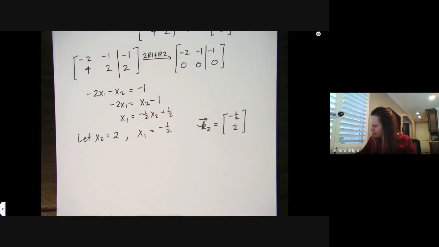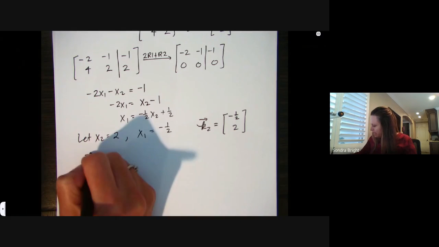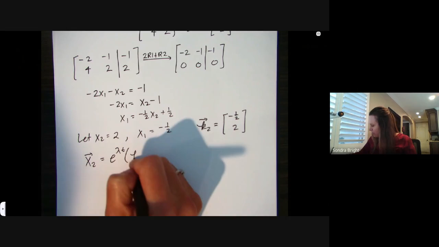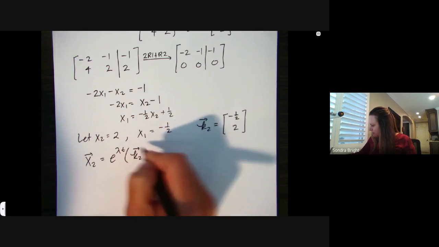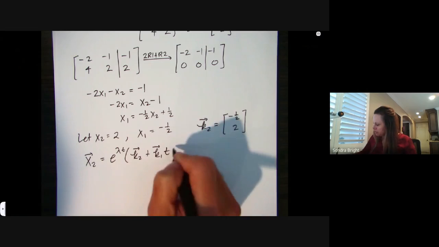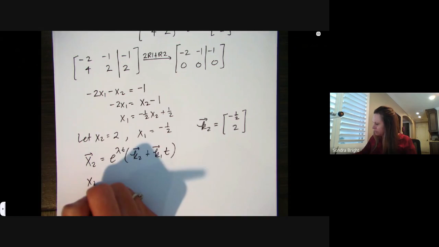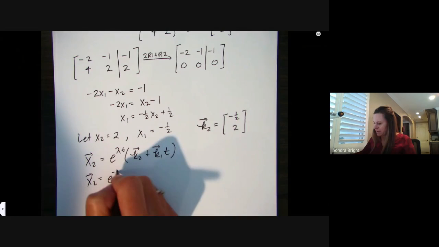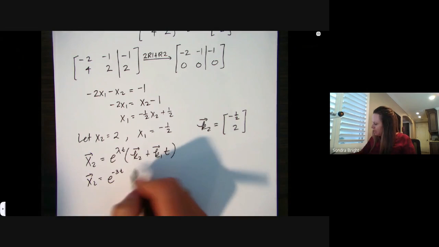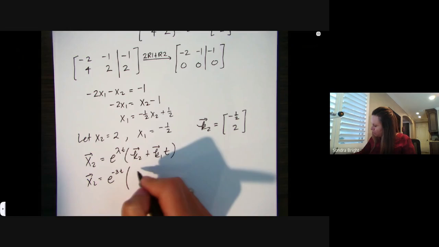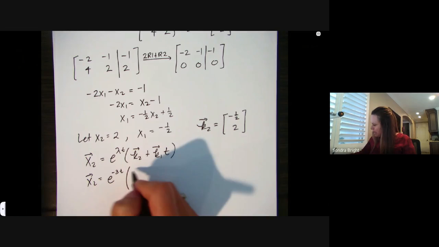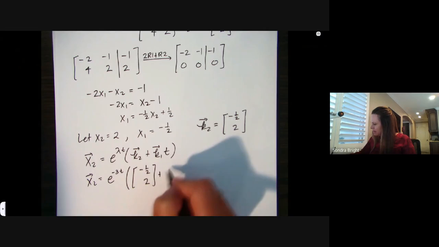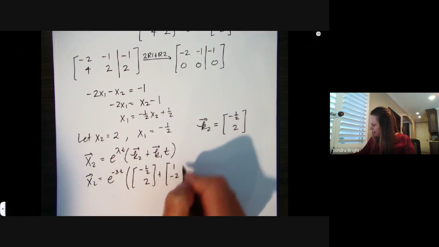So that means your second solution is of the form e to the lambda t times K2 plus K1 times t. So x2 would equal e to the, my eigenvalue is -3, so -3t, times K2 was -1/2 and 2, and then plus K1 was 1, -2, and then times t.